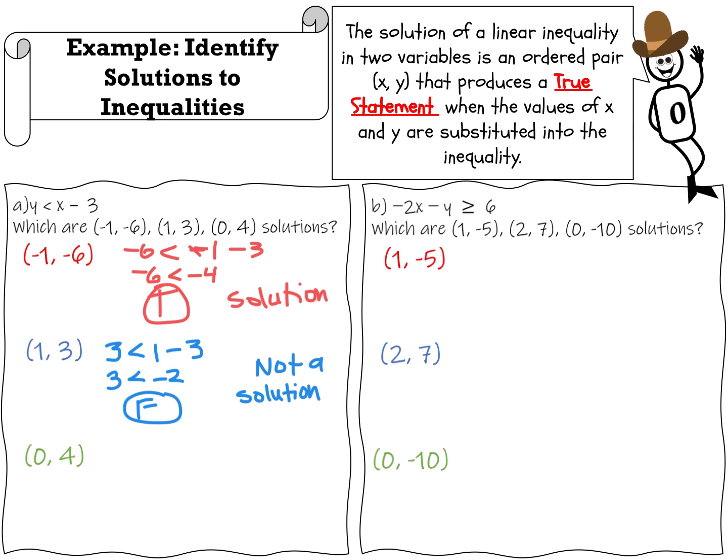Okay, and the last one, (0, 4). Put 4 in for y, less than 0 minus 3. So that gives me 4 less than -3. This is also a false statement.